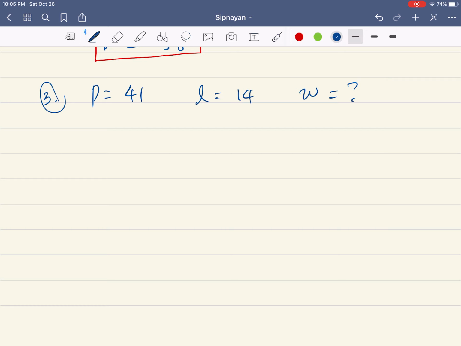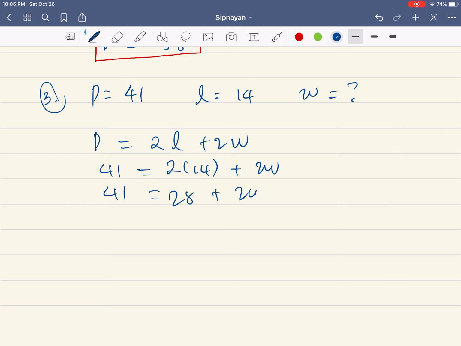Okay, so we have ganun pa rin. Perimeter equals 2L plus 2 width. No? And perimeter 41 is equal to 2 times 14 plus 2 width. So 41 equals 28 plus 2 width. 41 minus 28 equals 2 width.